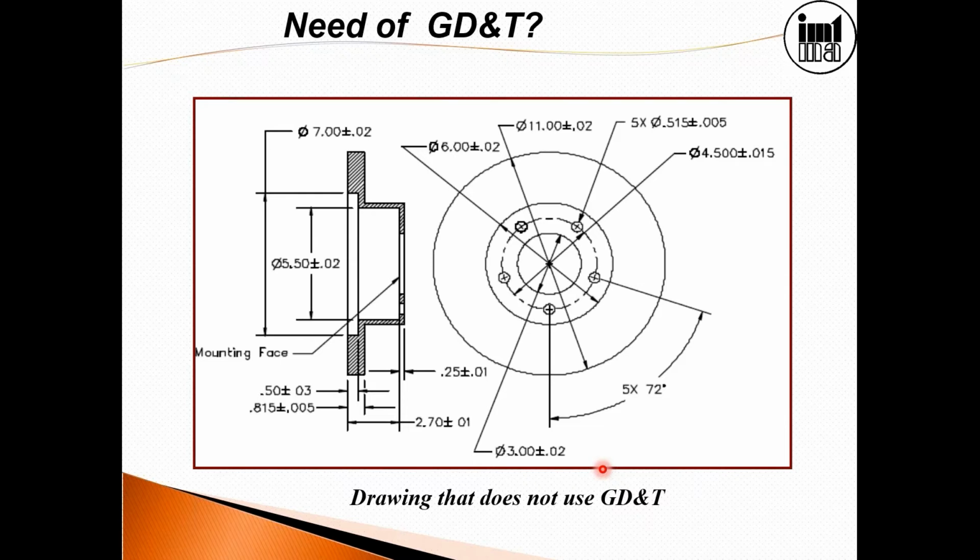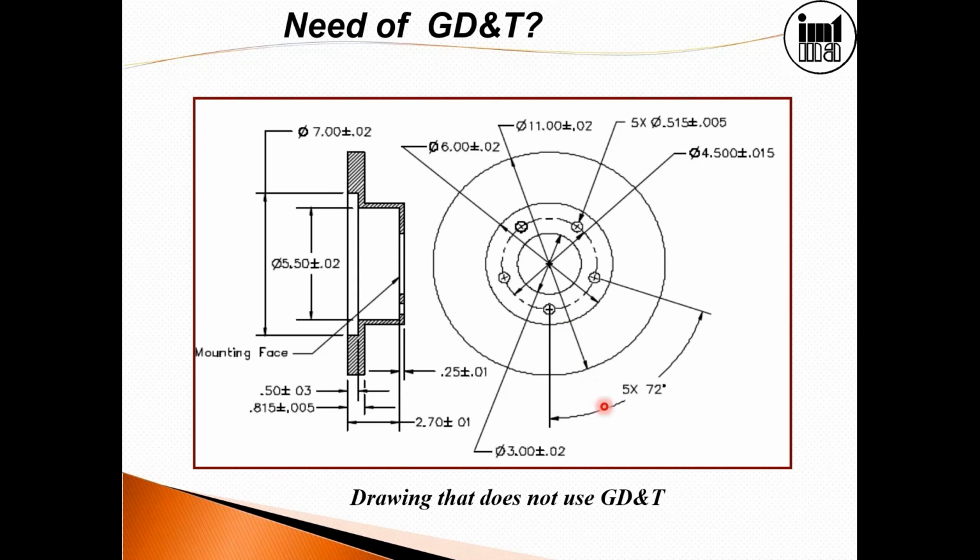I have identified a vendor, and I'll give this part to him. He should be able to manufacture this because all dimensions are given here with the tolerance, right? All the dimensions are in inches. Many dimensions are there, 7 plus minus 0.02, and many such dimensions. Using these dimensions, the vendor will be able to manufacture this part.